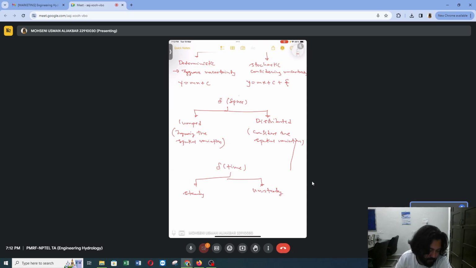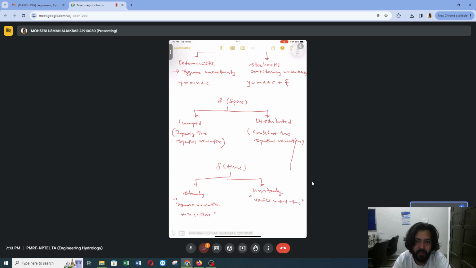A steady model ignores variation with respect to time. It means the parameter won't change with respect to time. That is what we mean by steady. And unsteady means it considers variation, or it varies with respect to time.